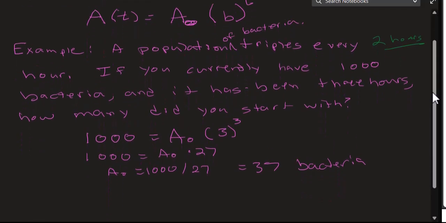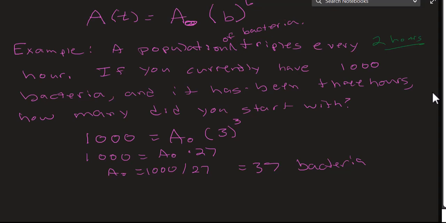I could figure out, how many time periods did I have? So I could use the same formula, A of t equals A naught b to the t, and I would say, within my 3 hours, how many 2-hour periods did I have?